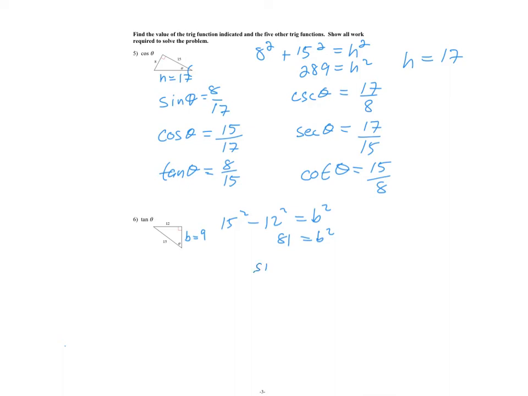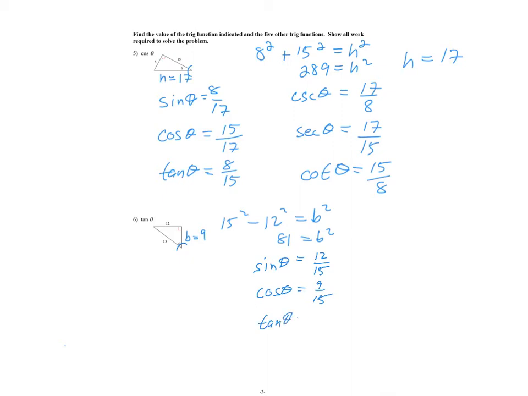Sine is equal, here's our sine, to the opposite 12 over 15, and we're going to have to reduce that fraction, but we'll do all these together. Cosine is equal to the adjacent 9 over 15, and again, we'll reduce that in a second.